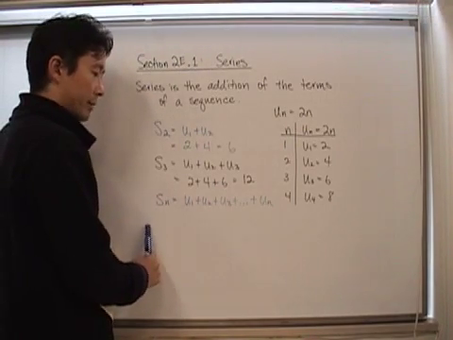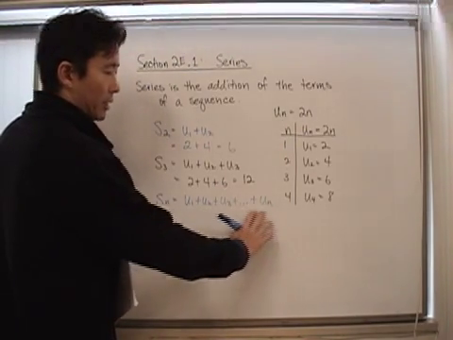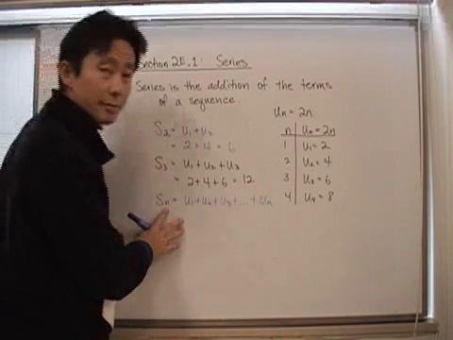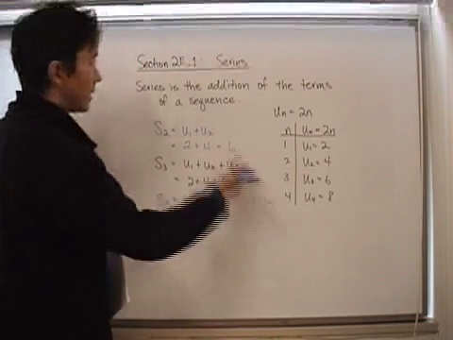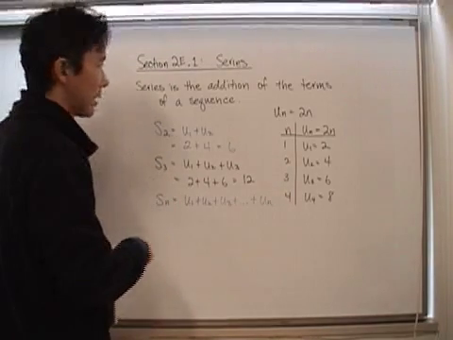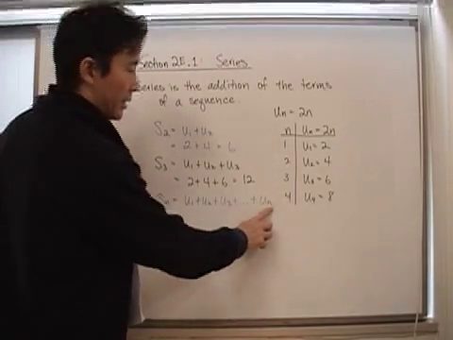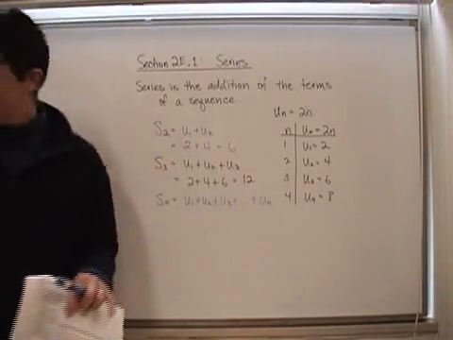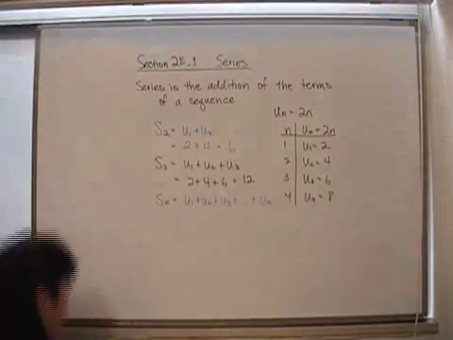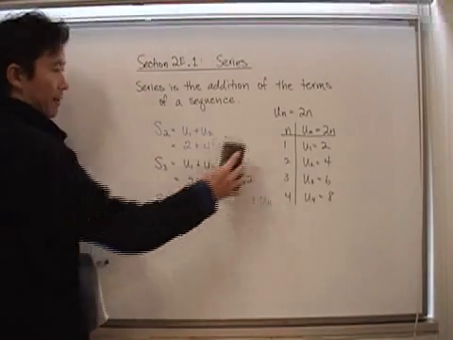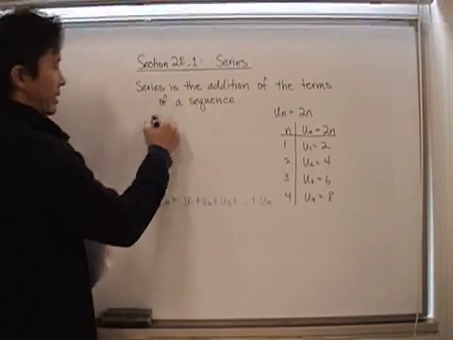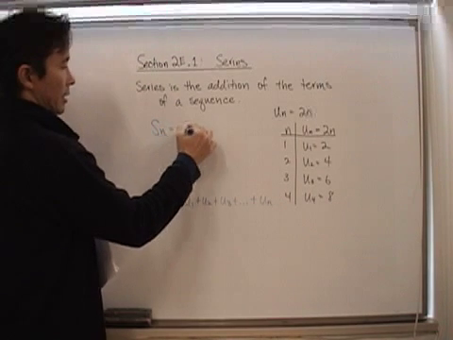This is how we show what the series looks like based upon the first n terms of the sequence. And notice that it's just the addition of the terms of a sequence all the way up to the nth term. Okay, so this is going to be very important for us to know. So I know that I can write a series like this.